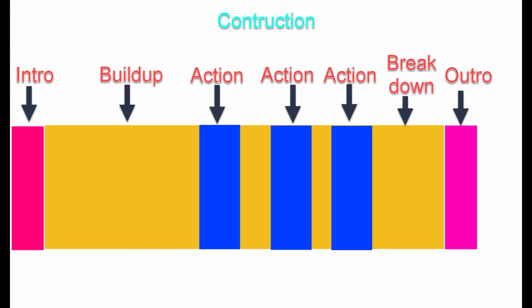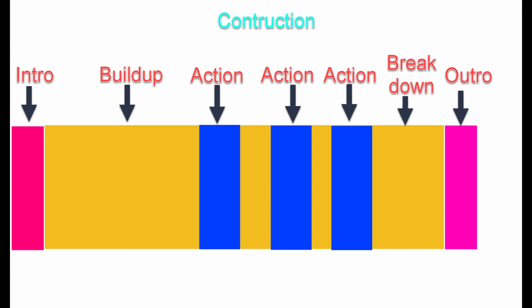We've got an introduction, which is in the pink at the far left, and then we've got this build up. Now I've intentionally made this build up area larger than any other part of the content of the video, and this build up is the part where you're setting up your gear. You're just introducing your gear maybe to the viewer, and you're just waiting for something to happen, waiting for the action part.